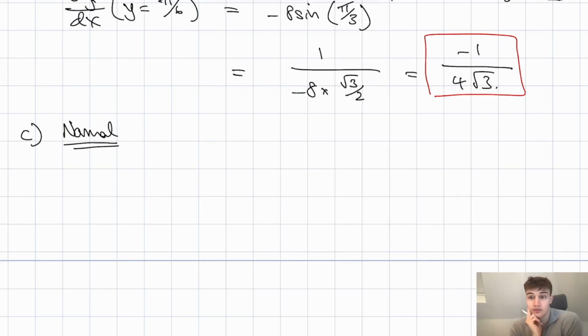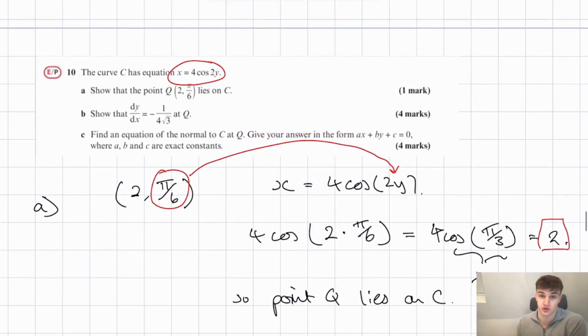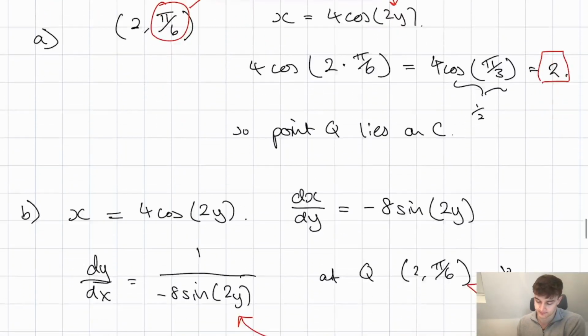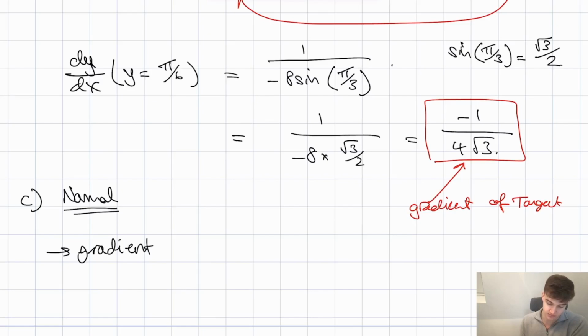In order to work out the normal, well, we need to know what the gradient is at a point, i.e. the gradient of the tangent. We know that, we've just worked it out because we're finding the normal at Q. So we know the gradient of the tangent at Q is that. The gradient of the normal is the negative reciprocal. So in that case, it's just 4 root 3.